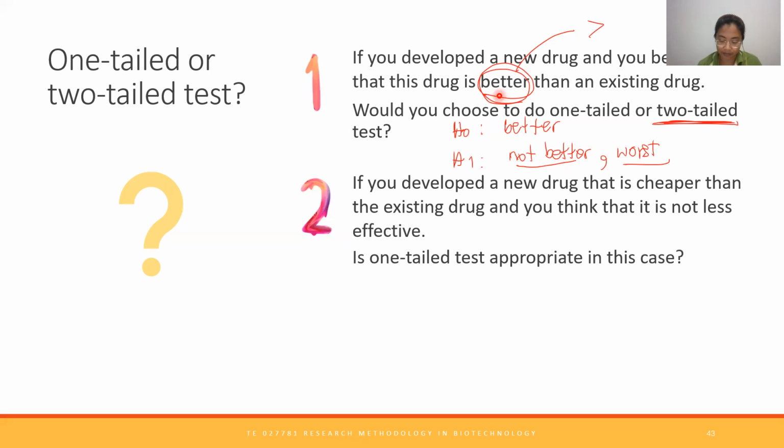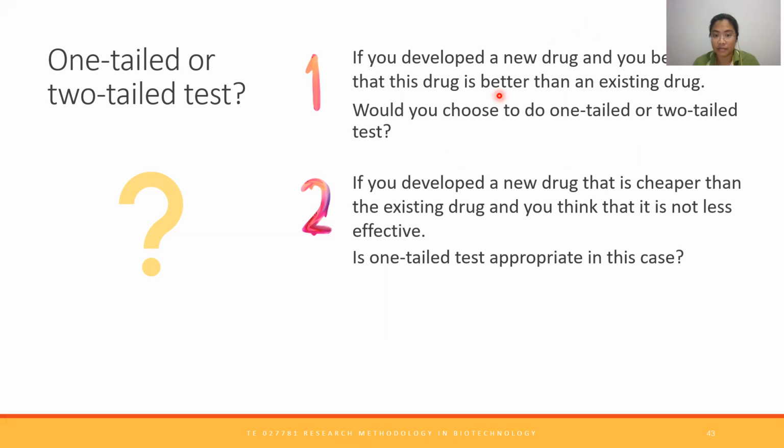Another question, similar. You are developing a new drug, and it is cheaper than the existing drug. Note that it is cheaper. And you also think that it is not less effective. What do you think in this case?